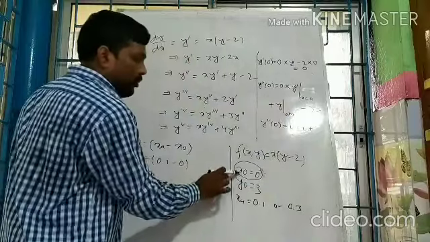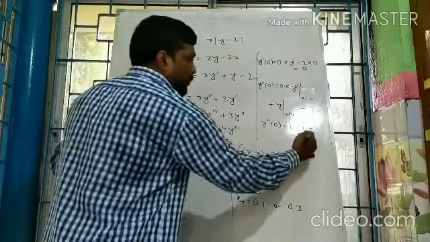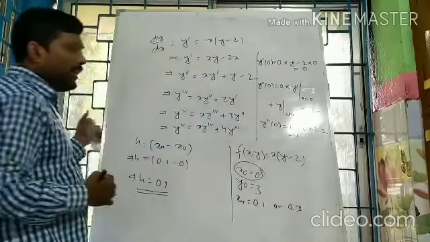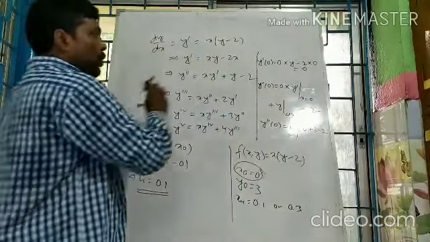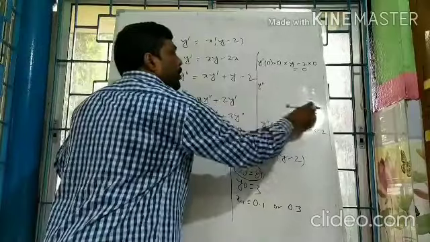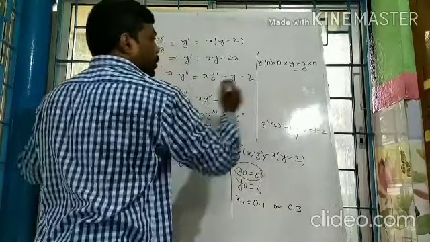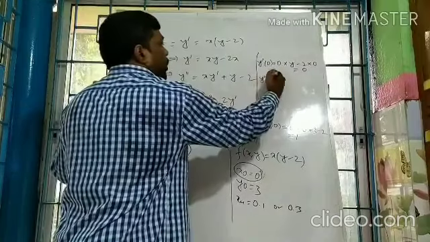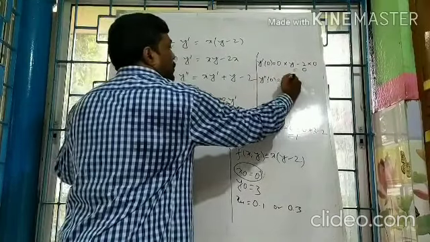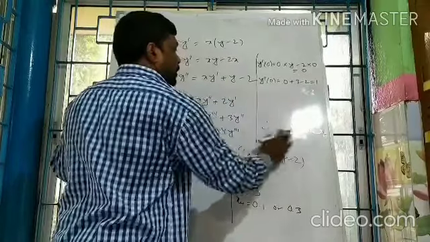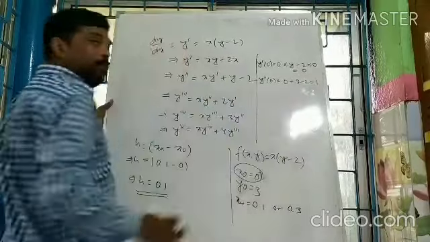At x equals 0, y is 3, minus 2. So it is 1. So y''(0) is 1. y''(0) is 0 plus 3 minus 2. It is 1. Okay. Next.